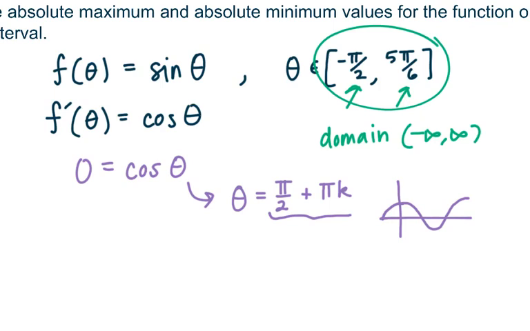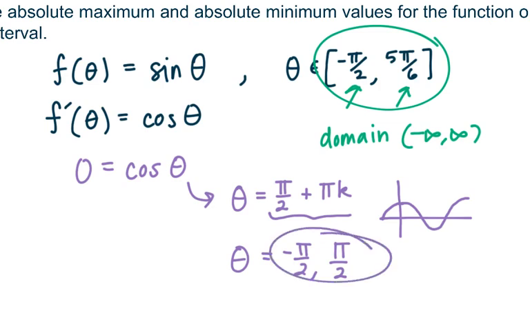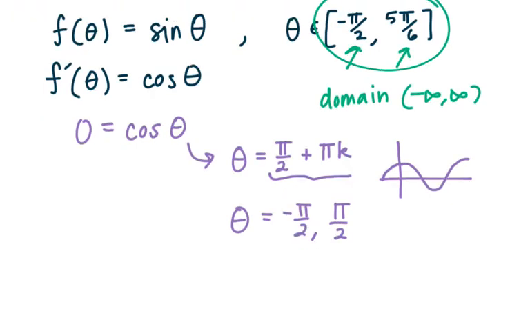And so on our given domain, my theta values are negative pi over 2 and positive pi over 2. Those are the only two places between negative pi over 2 and 5 pi over 6.